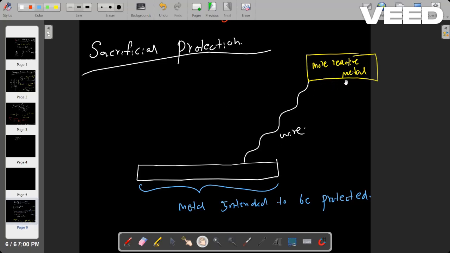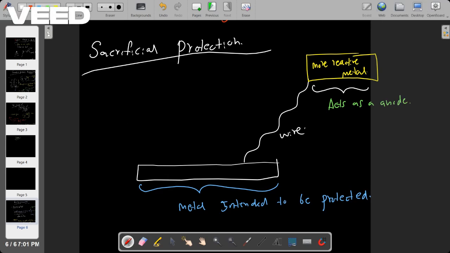This more reactive material is acting as the anode. If this is the cathode, then this is acting as the anode.